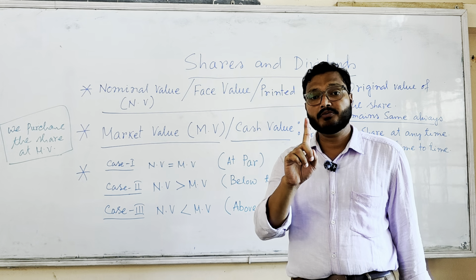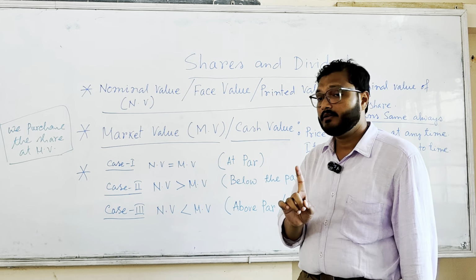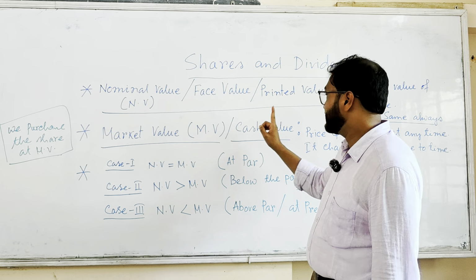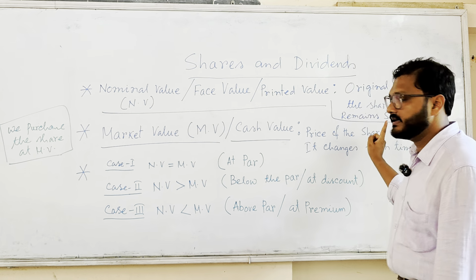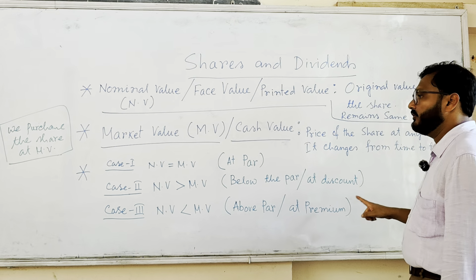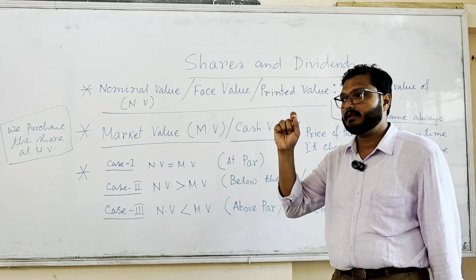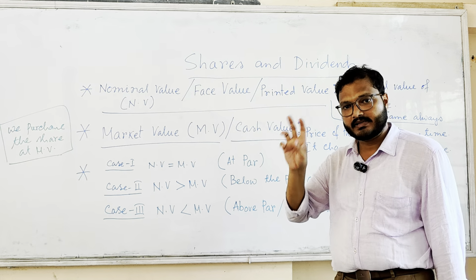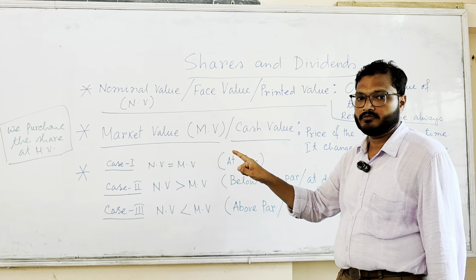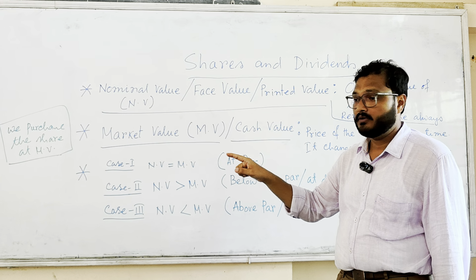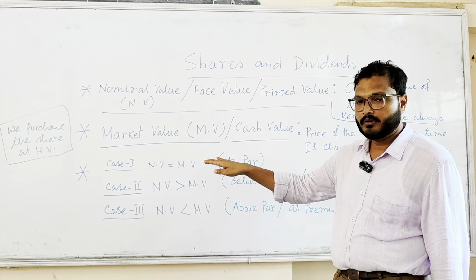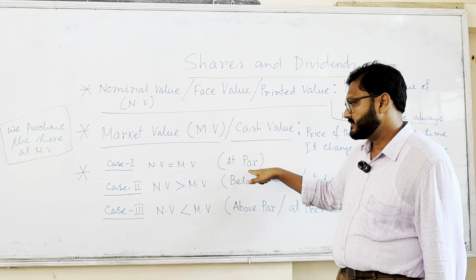Okay, so keep in your mind that nominal value is the original value of the share and it remains the same always, and market value is the current value. Remember one thing: we purchase the share at market value. If the market value is equal to the nominal value, we are purchasing at par.